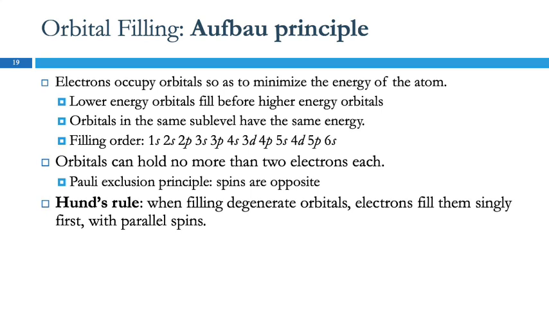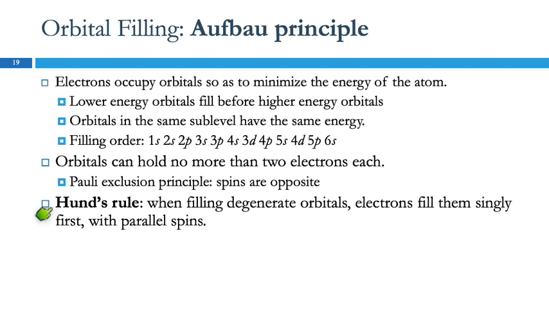We say they're paired, and they can coexist in the same orbital. We're not going to go into that because I actually don't think I could explain any more than that. I'm okay with it, right? So it's the different spin that allows 2 electrons to occupy the same orbital.